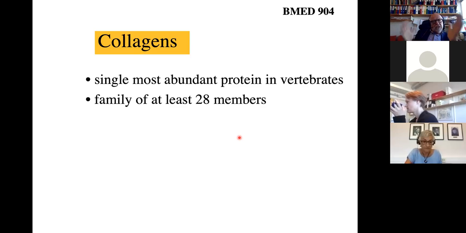Now, when we have sequenced the genome, with the current definition, the collagen family has 28 members, and it will probably stay at that. We know the total number of proteins, but it's a matter of definition. Some proteins there are disagreements on, but most likely in higher vertebrates, it will be 28 different.